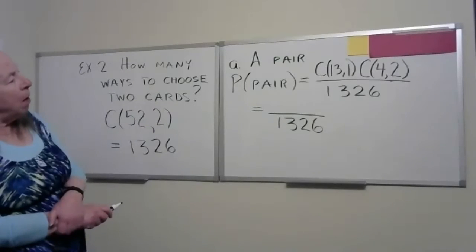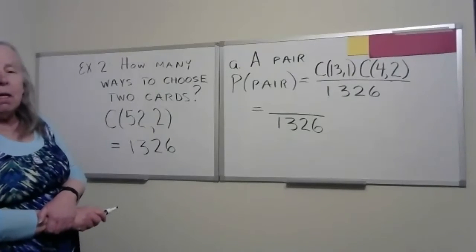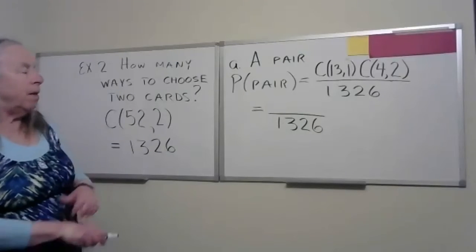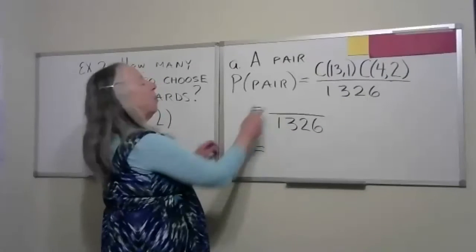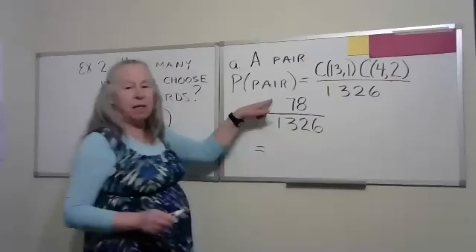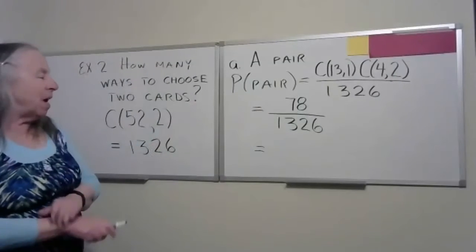I got 1/17. I think I did it wrong on the calculator. Did everybody get that? What did you wind up with, Ashley? I just wanted to know what you had in the numerator first off. 78. Okay, just so everybody sees what number before we go to the decimal.